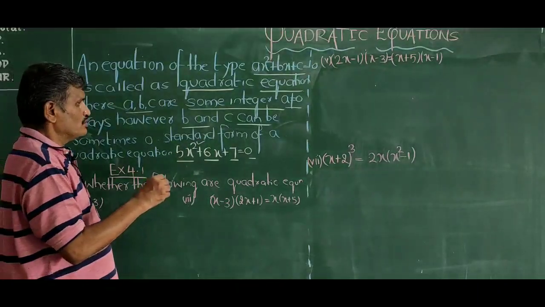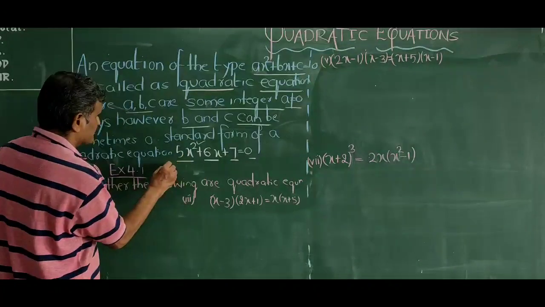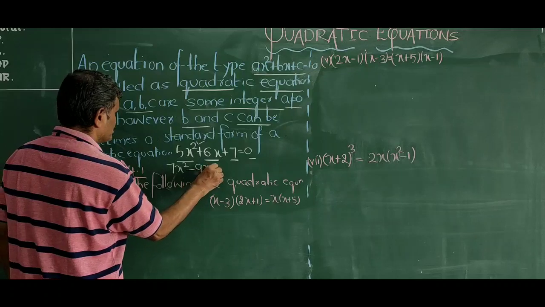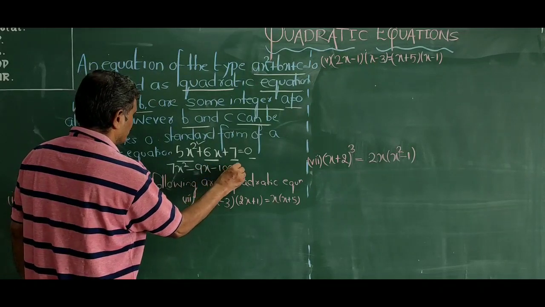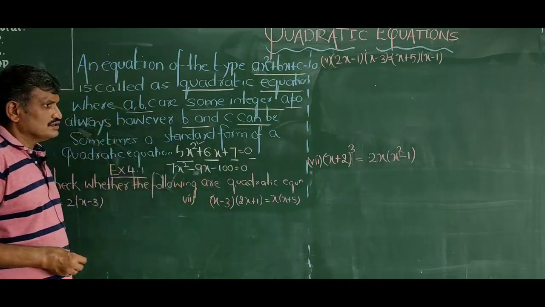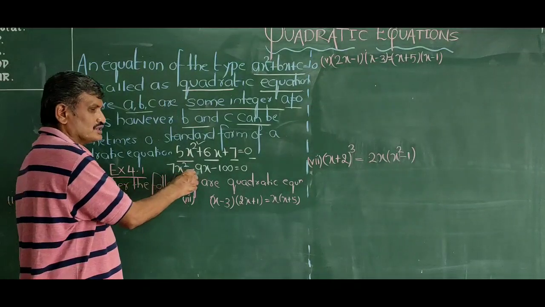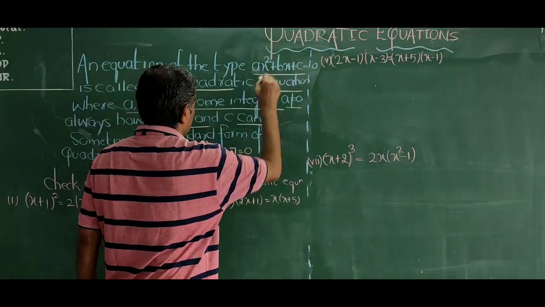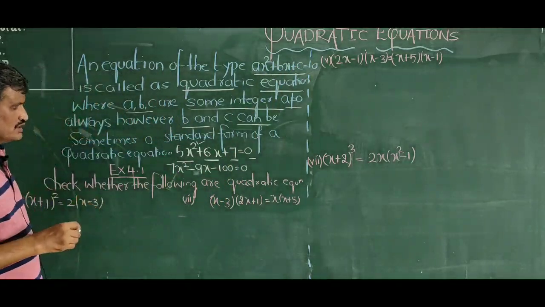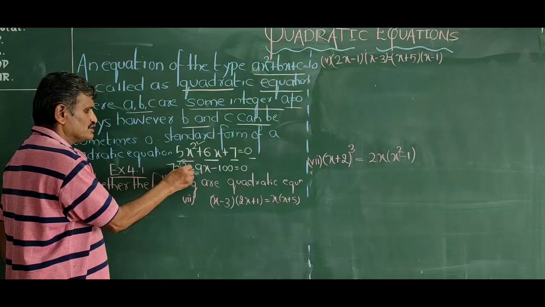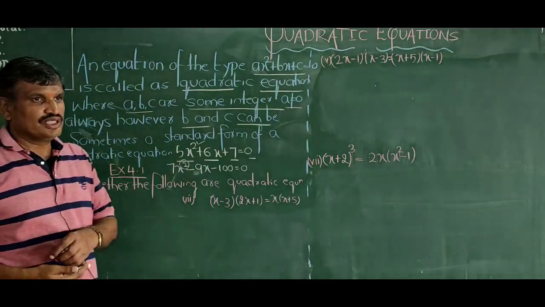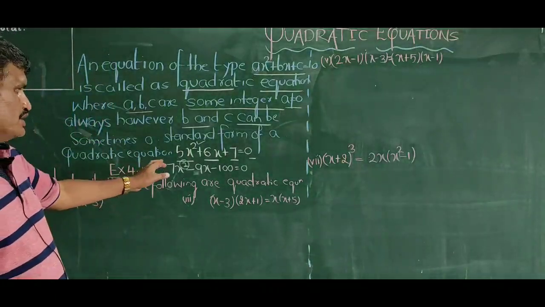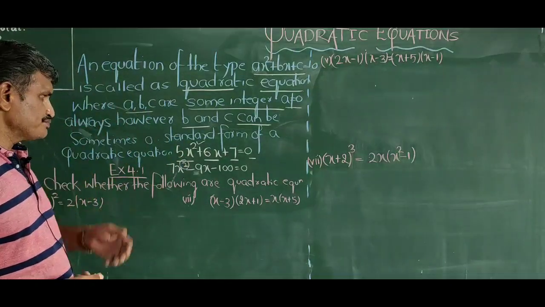Now, if you take 7x square minus 9x minus 100, is it a quadratic equation? Yes, it is a quadratic equation because it is satisfying the condition ax square plus bx plus c equal to 0. That is one reason. Second reason is the degree is 2. So, we can say that yes, it is a quadratic equation.